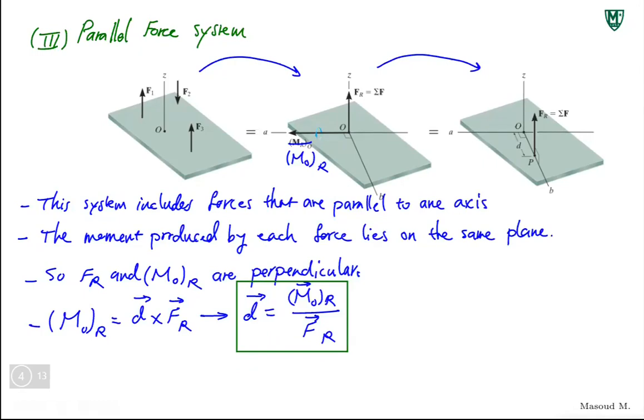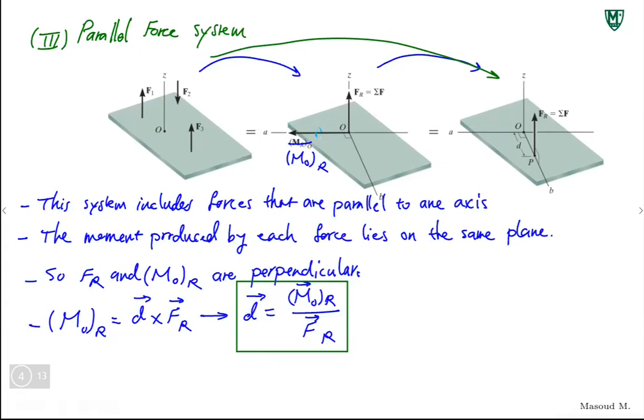I can go one step further and move that resultant force to a point d away from the original point and get rid of the moment I had in the equivalent system. So now I have an equivalent system. I made it very simple. I went from multiple forces to just one force, as long as I put that one force d away from the point O.